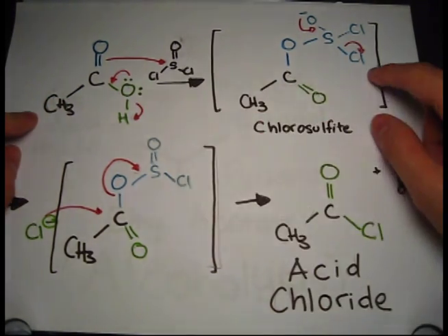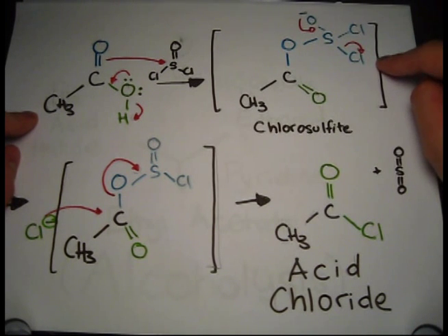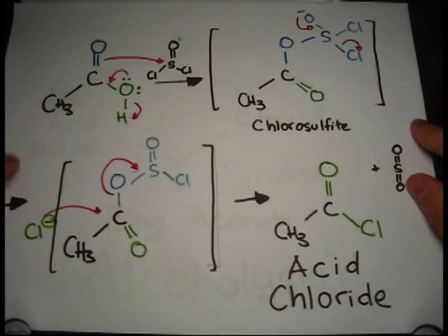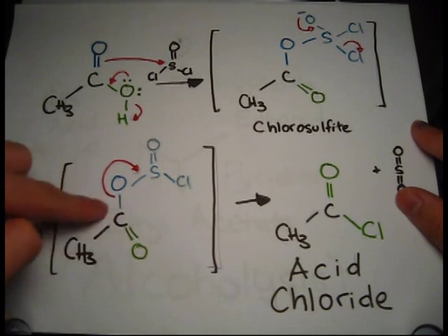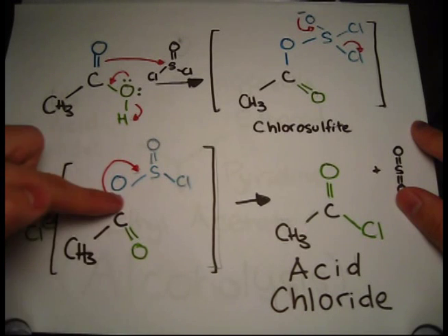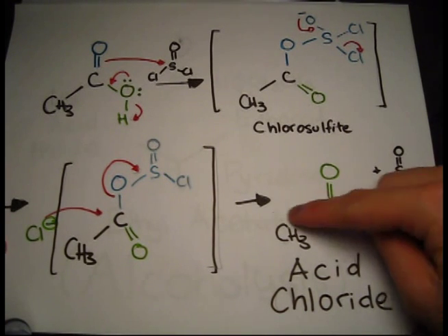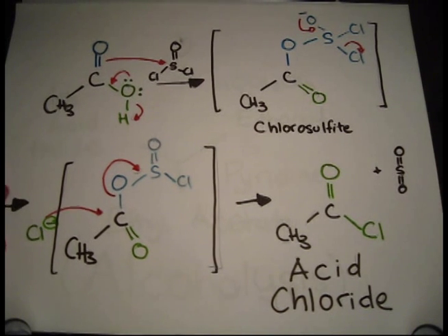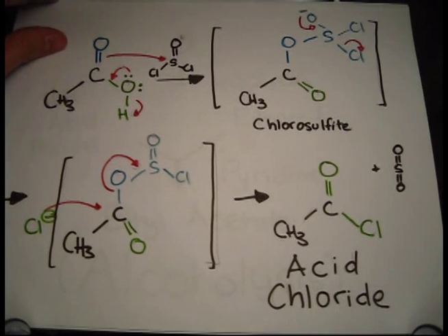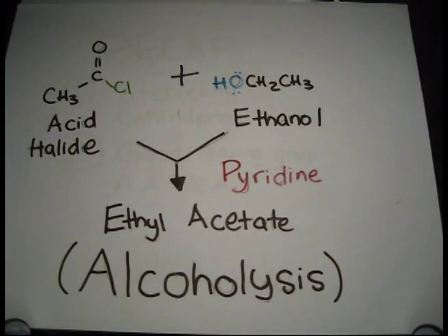The H pops off, you get a little bit of electron rearrangement here, the chlorine pops off, and it comes back like a ninja and attacks from behind, combining with the carbonyl group. And thus, you get your acid chloride, the one we've been looking for, and SO2. Pretty simple. So, let's keep going.